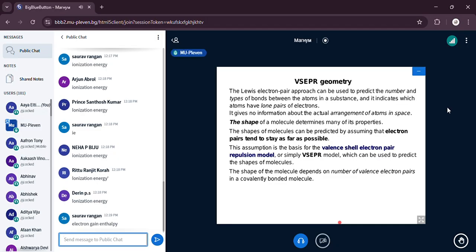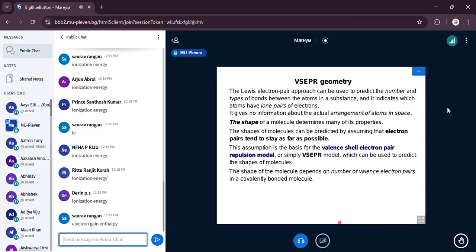Lewis' theory of covalent bonding explains types of electron pairs, and explains how the bonds are formed between similar or dissimilar atoms. But it was unable to explain the shape of molecules, which is important for the properties of compounds.